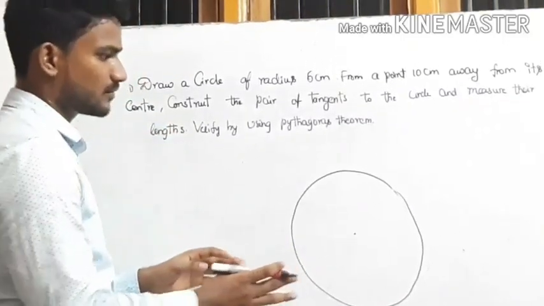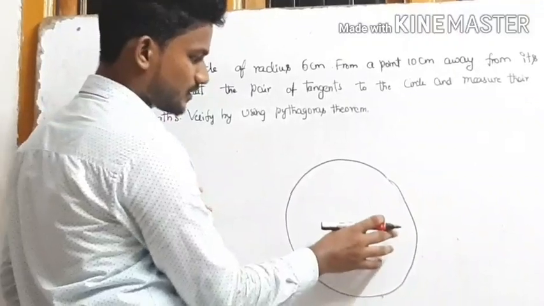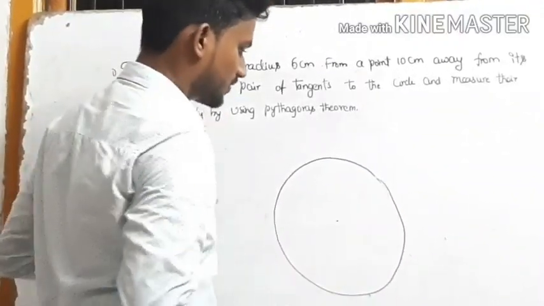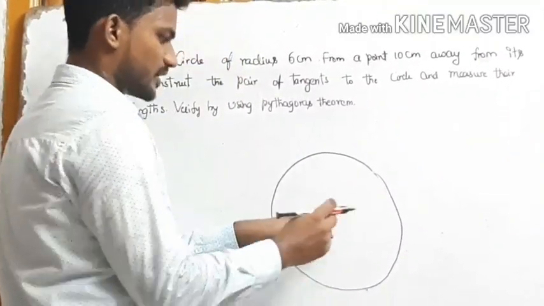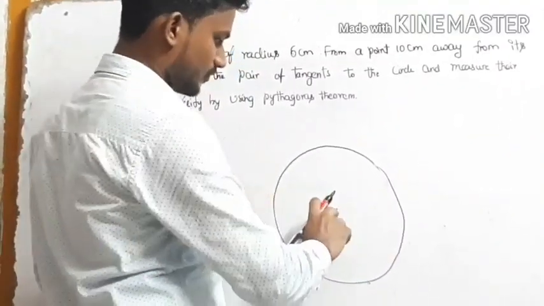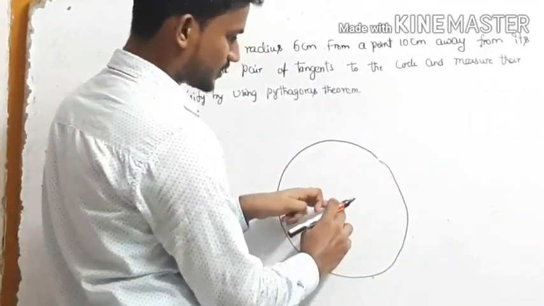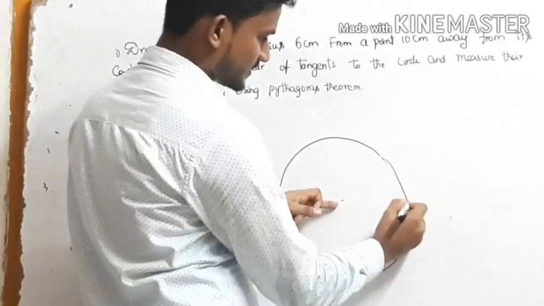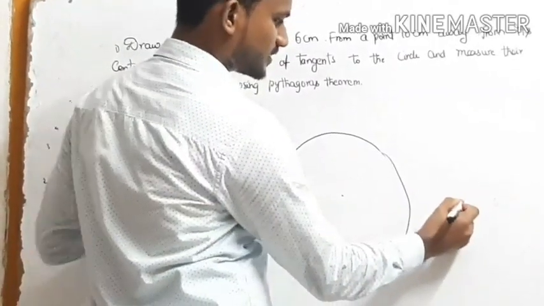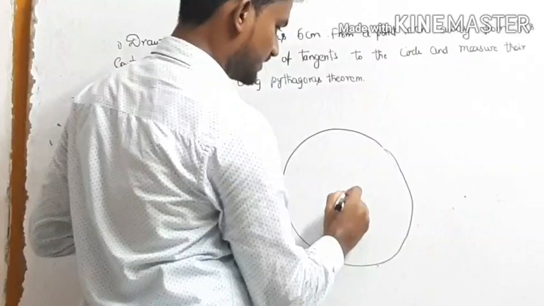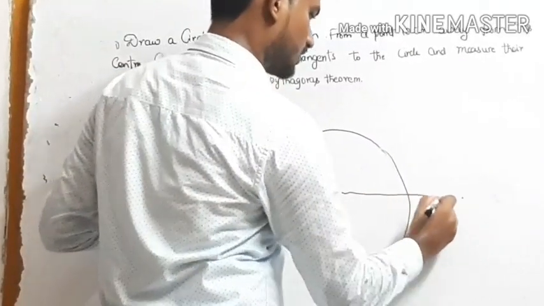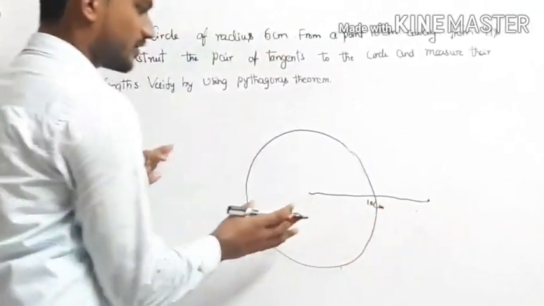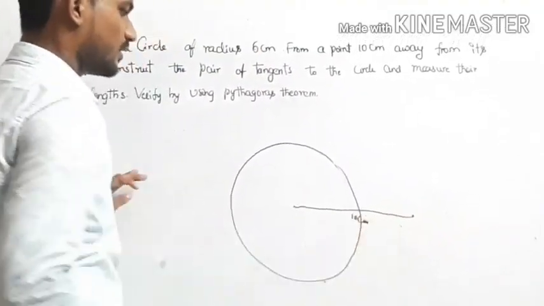You can first draw the 6 centimeter circle by using the compass, and by using a scale you can measure the length of 10 centimeters from the center of the circle. This is 6 centimeters, and we can imagine this is 4 centimeters, and this length is 10 centimeters. You can draw it using the scale.